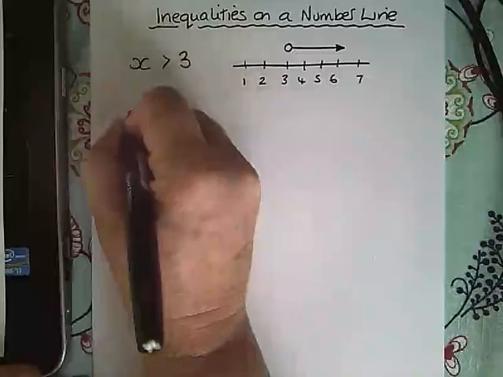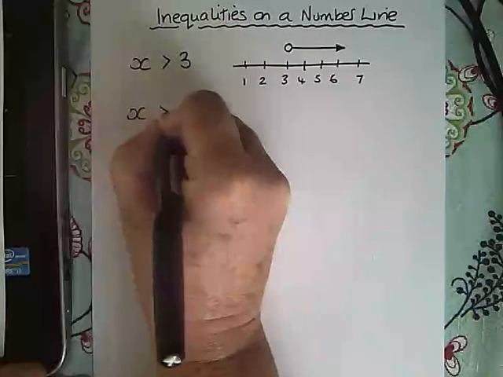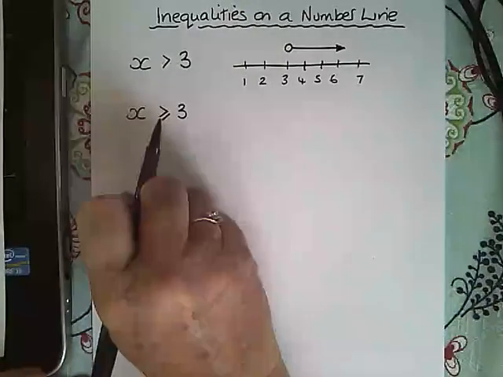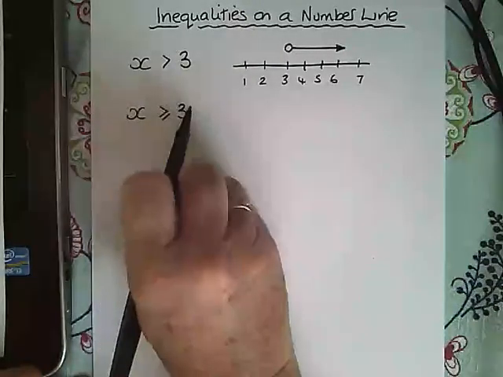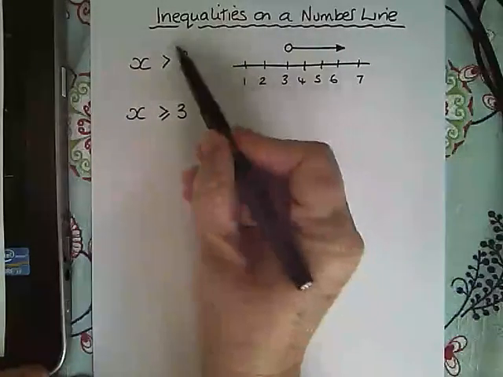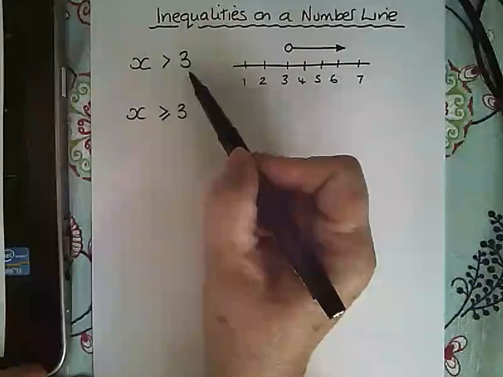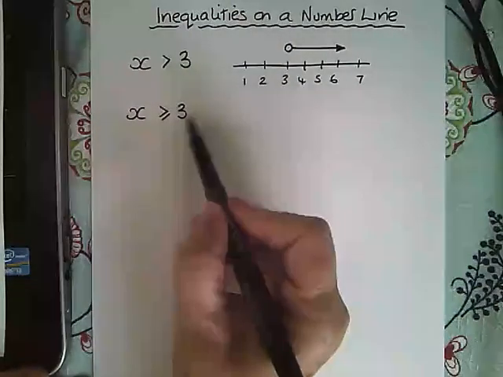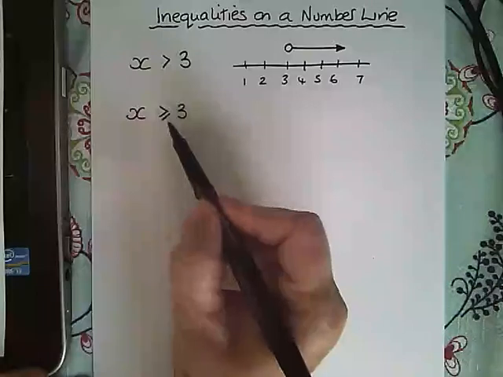If we consider the inequality x is greater than or equal to 3, this time we've got the equal sign underneath, and that means that x can take the value of 3. Remember here, if we're looking for integer values, whole number values, it can't be 3, it can only be 4, 5, 6 and so on. Here, x can take the value of 3.